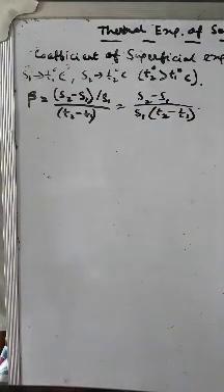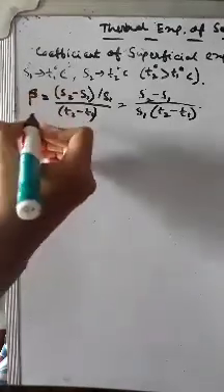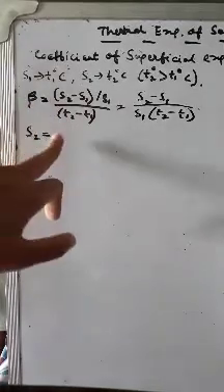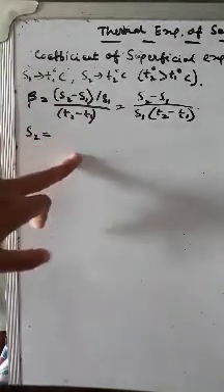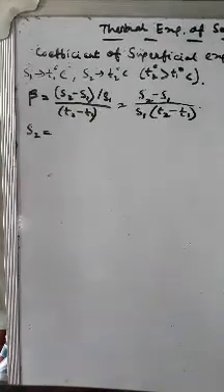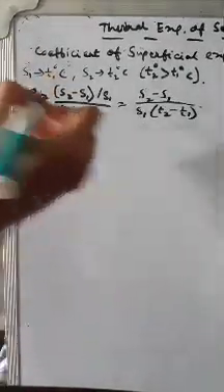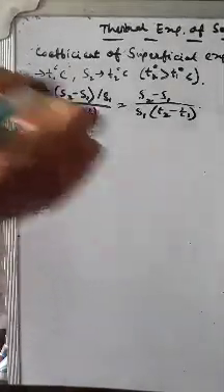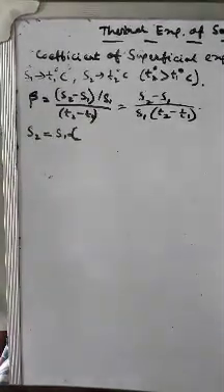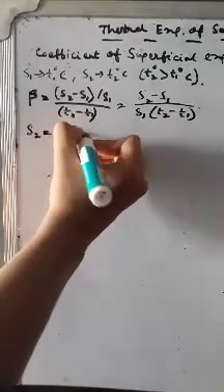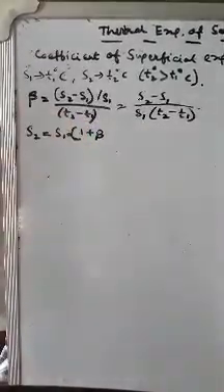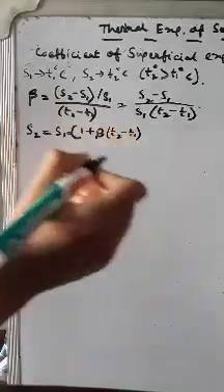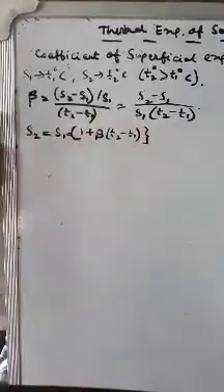Now, as I told you all, it's better to memorize the value of your S2. S2 will be what? You just arrange it mathematically, so S2 will be equal to S1 into, you can use a second bracket also here, 1 plus beta into T2 minus T1, and you close the bracket.